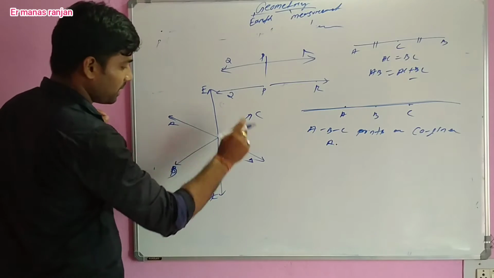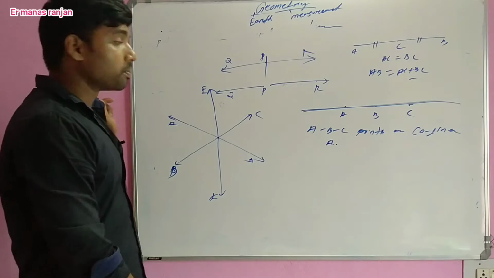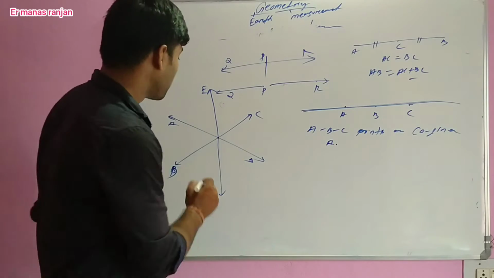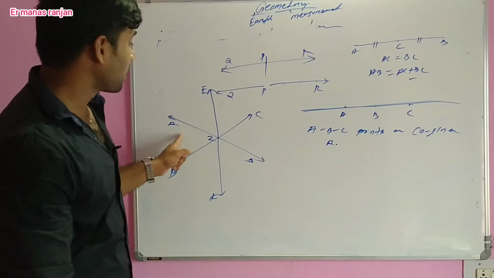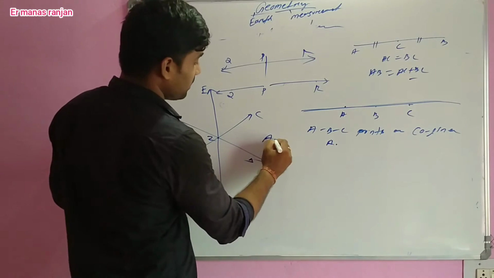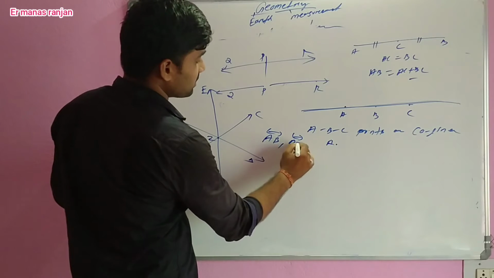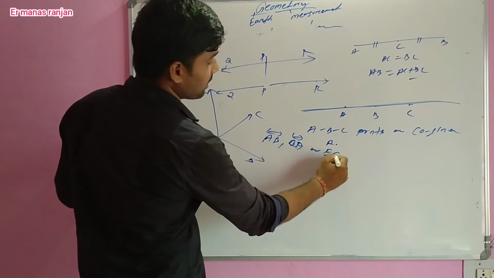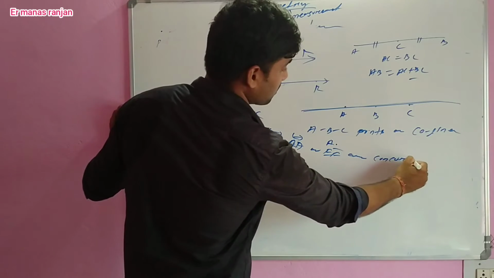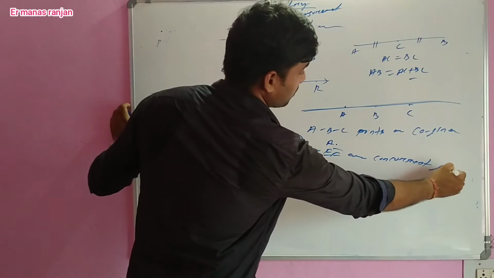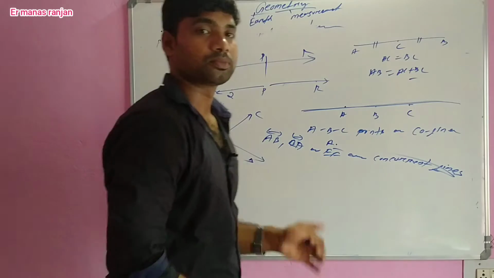That means AB, CD and EF pass through a single point, suppose Z. So we can say AB, CD and EF are concurrent lines. Understood?